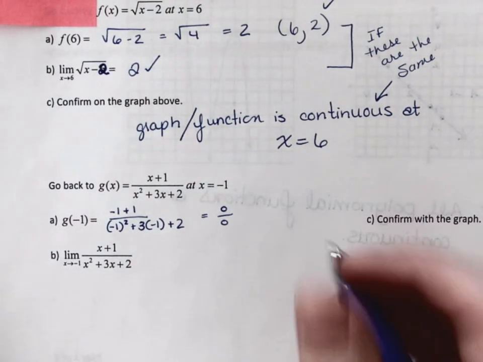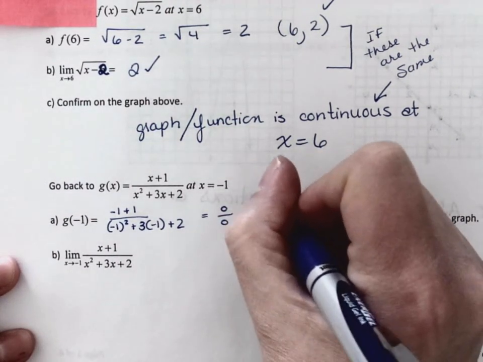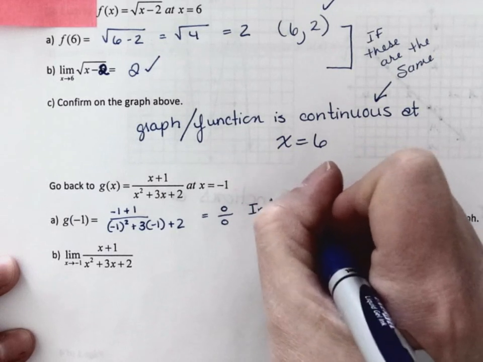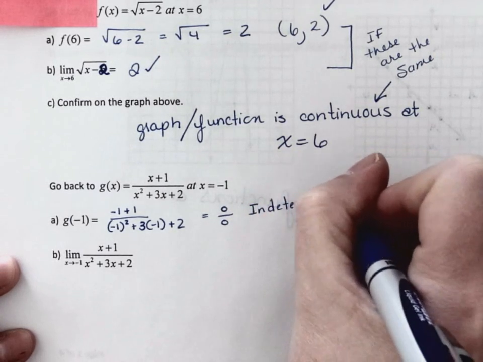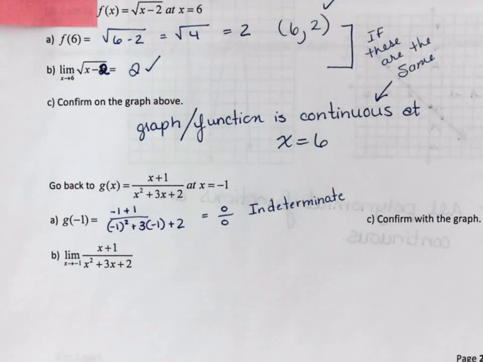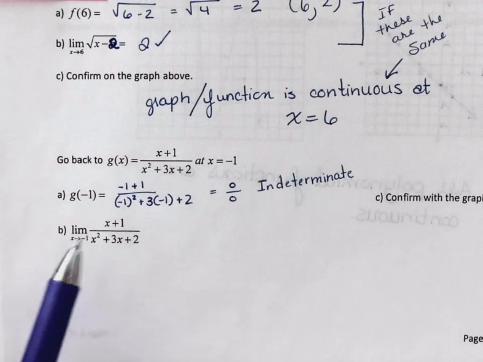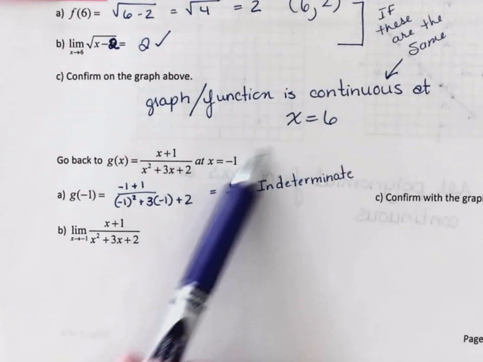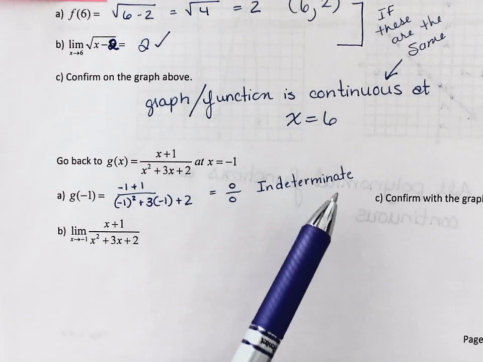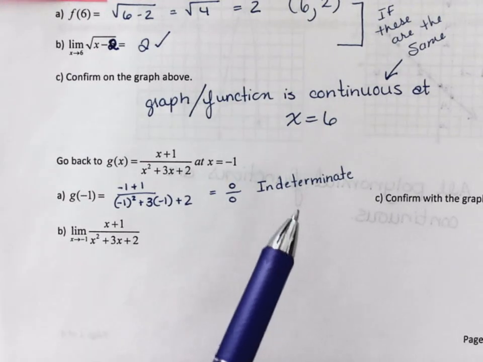We know the difference between indeterminates and undefineds. Indeterminates are zeros on both top and bottom. Now, what is the limit? So we know that something's not existing at that point. So the point doesn't exist.